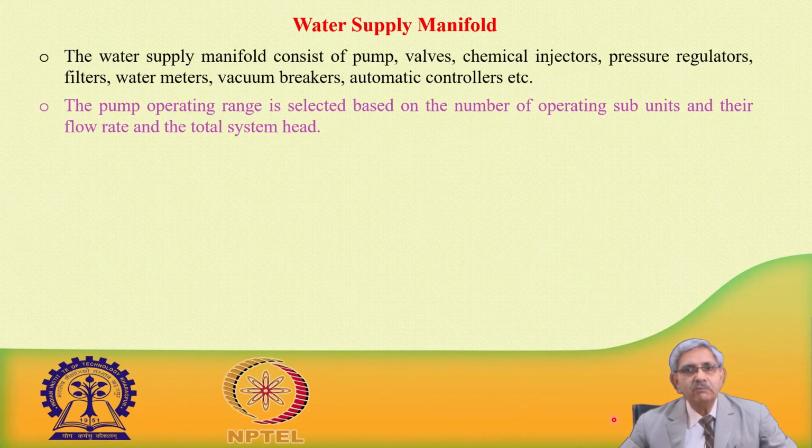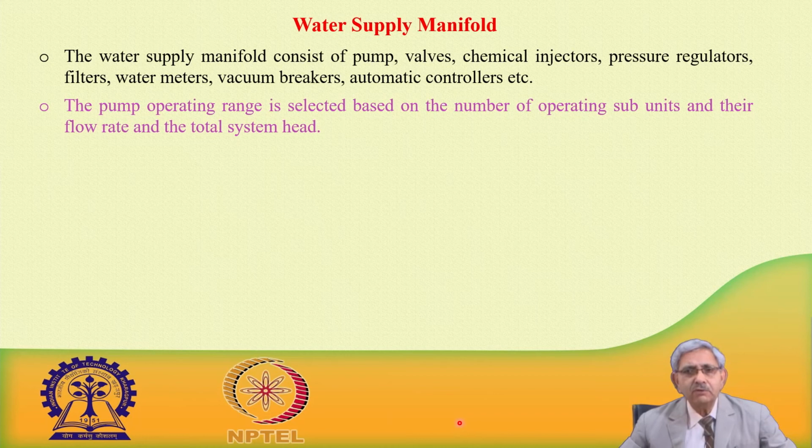Water supply manifold. The water supply manifold consists of a pump, valves, chemical injectors, pressure regulator, filters, water meter, vacuum breaker, automatic controllers, etc. The pump operating range is selected based on the number of operating subunits, their flow rate and the total system head.